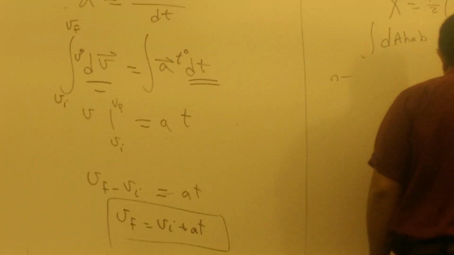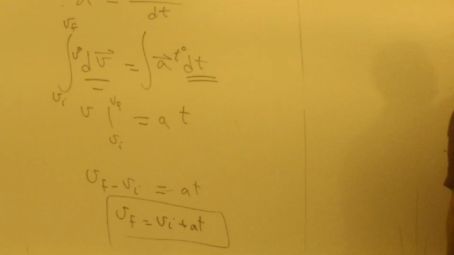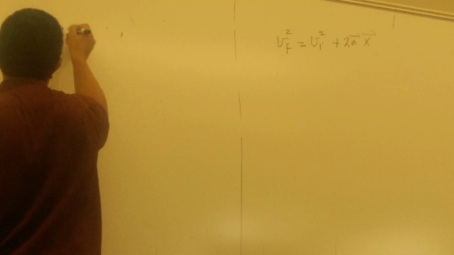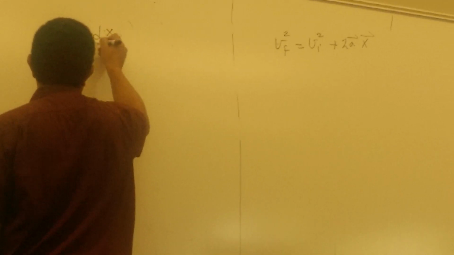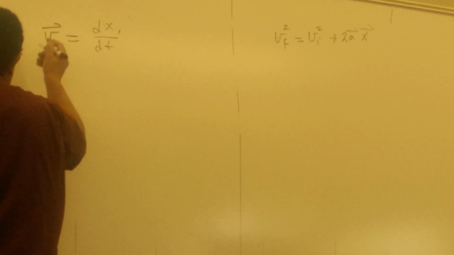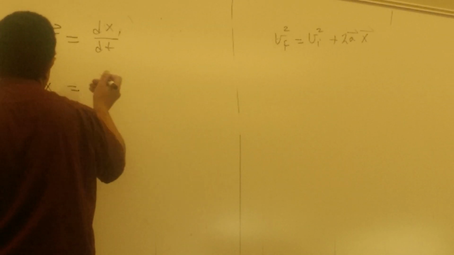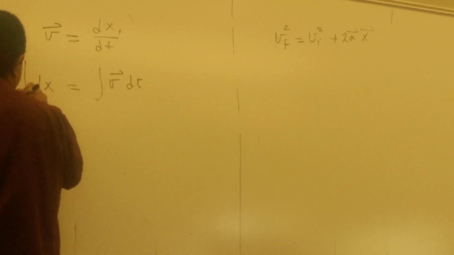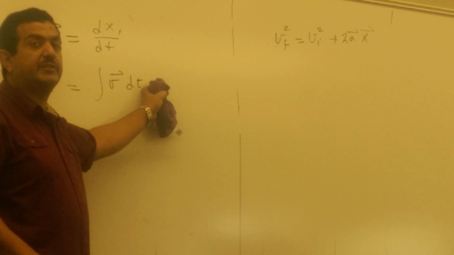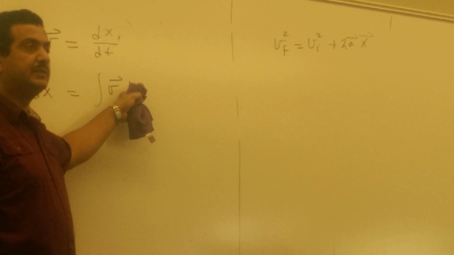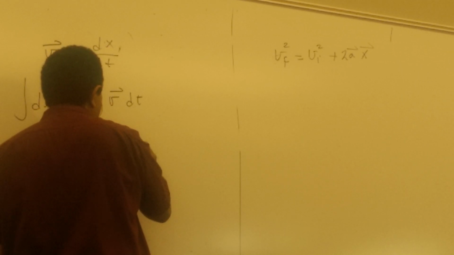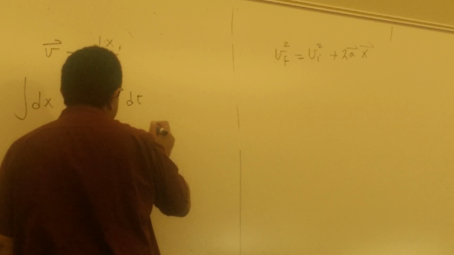But I could do the same thing by using integration of v, by saying v equals dx over dt. I'm going to cross multiply. This is going to be dx equals integration of v dt. Now, does v depend on time? Yes, so I have to write it in an expression. The initial velocity is constant. This is at.